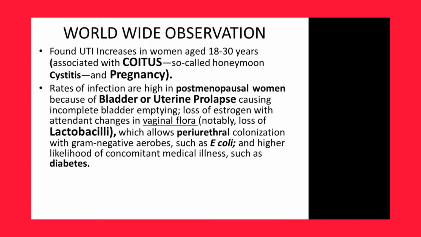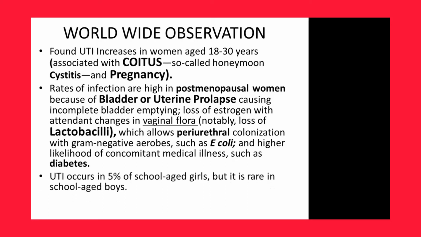Diabetes too. At that age, many are diabetic. Diabetes helps many bacteria to grow and flourish very well, and so you can understand it will infect the urethra and cause urinary tract infection.